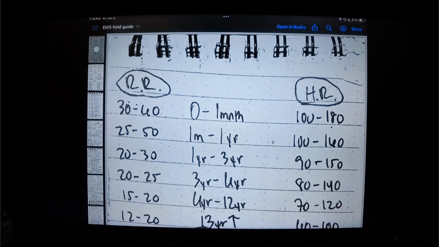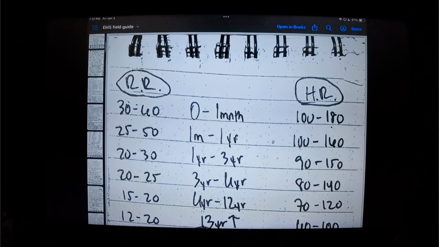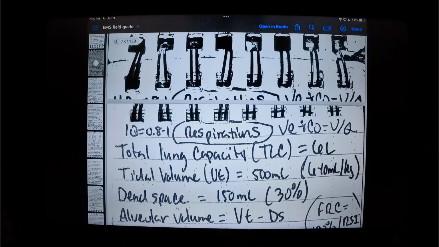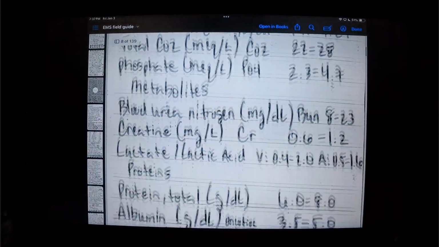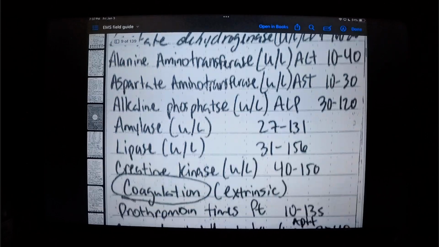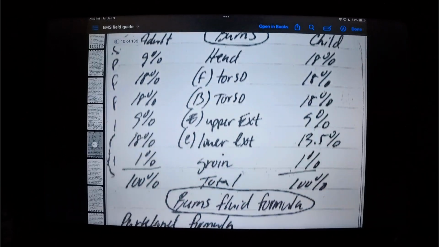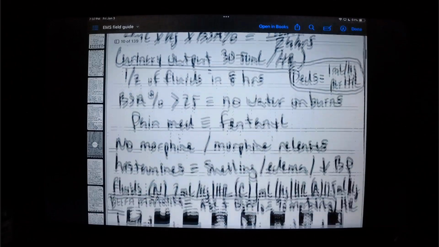How can I not put myself in a position of vulnerability and then put a patient at risk? So I then created my own field guide. And so, as you can see, it's full of information. It's all in my head somewhere, somehow. And just to refresh my brain.